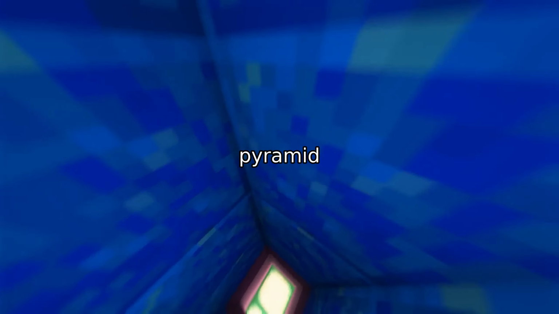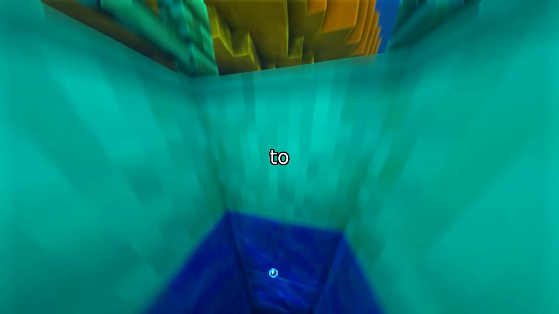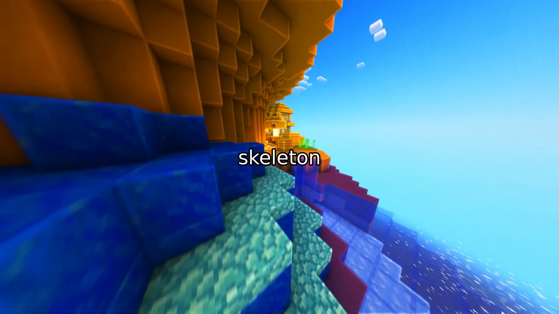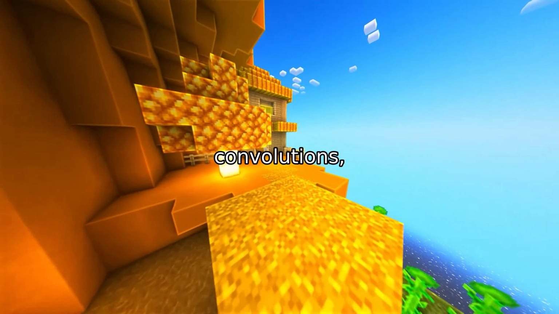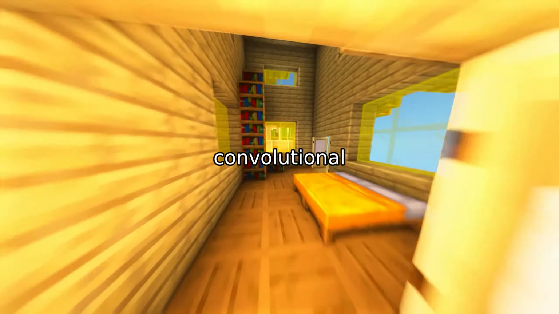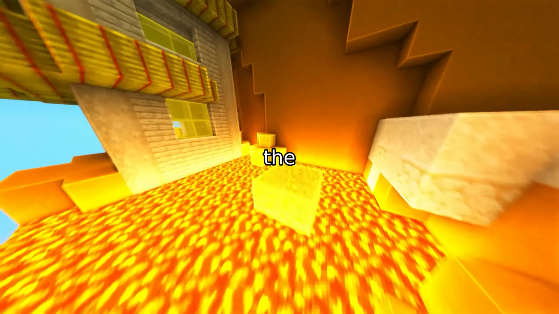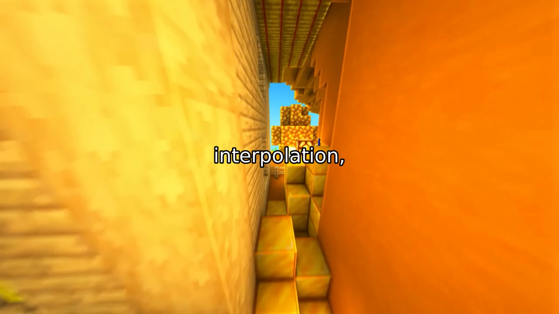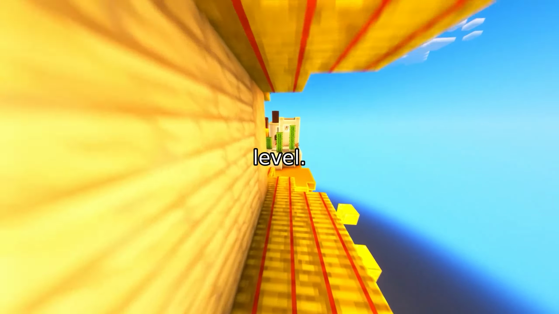This creates a feature pyramid where each level captures different temporal resolutions, from fine-grained frame-level details to broader motion trends. The skeleton branch runs in parallel. Raw joint coordinates are embedded via 1D convolutions, then pass through a stack of convolutional blocks that mirror the RGB downsampling schedule. Before fusion, they align the temporal lengths using nearest neighbor interpolation, ensuring every skeleton feature maps directly to its RGB counterpart at each pyramid level.